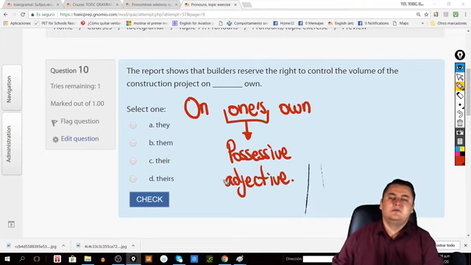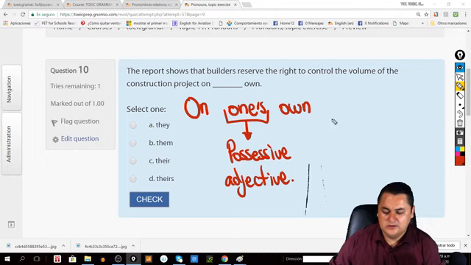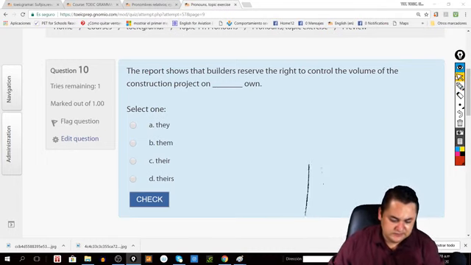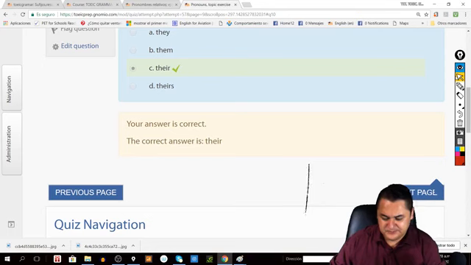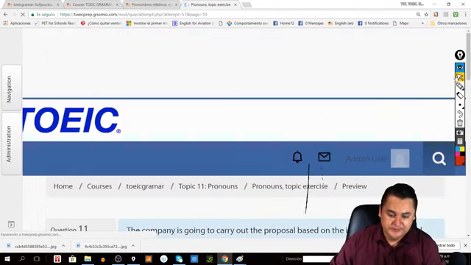So we can say on my own, on your own, on his own, on her own. In this case, on their own. Again, it is a fixed expression that you're going to know.